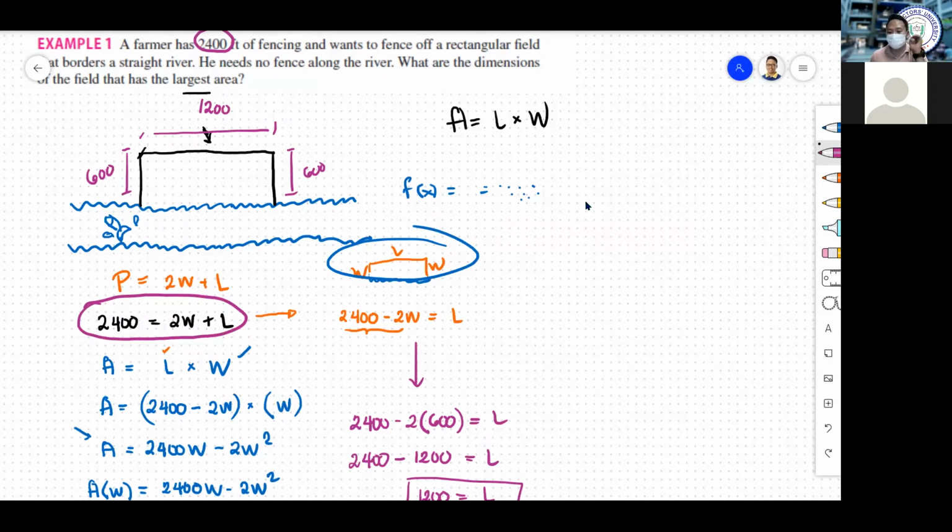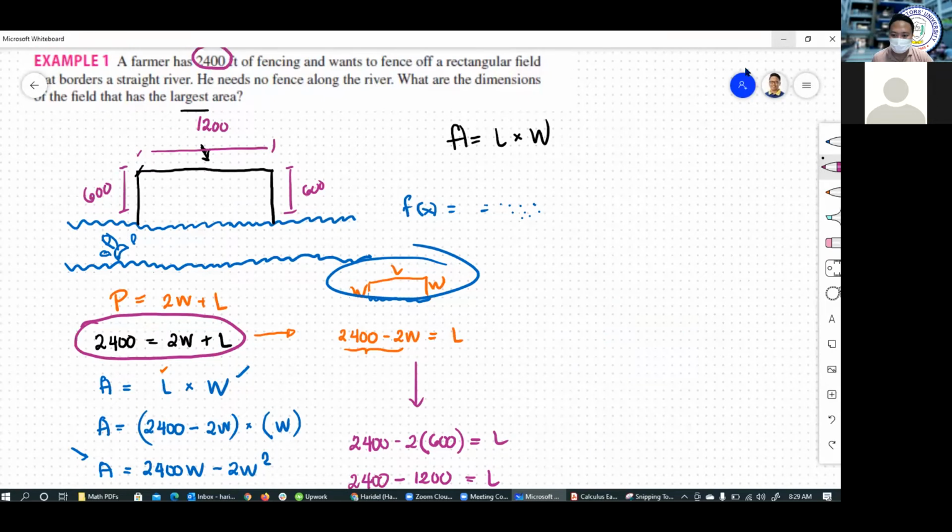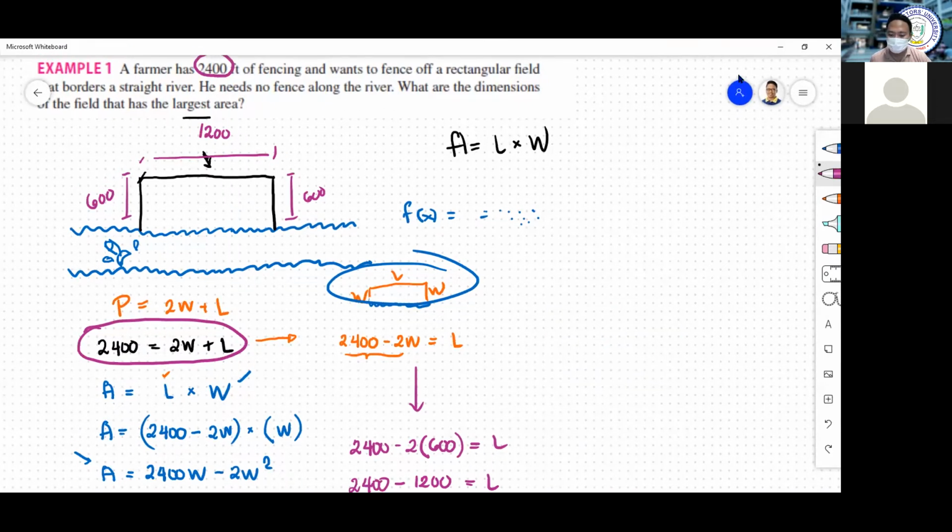Question so far. How come we use perimeter from the start?